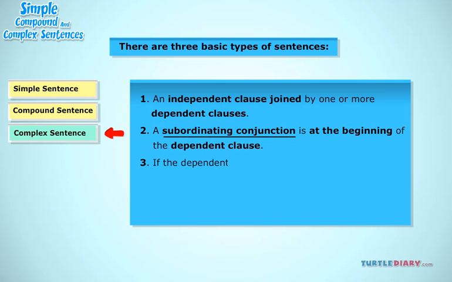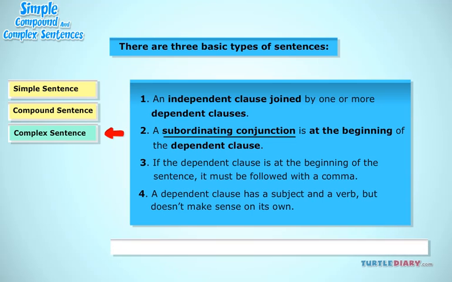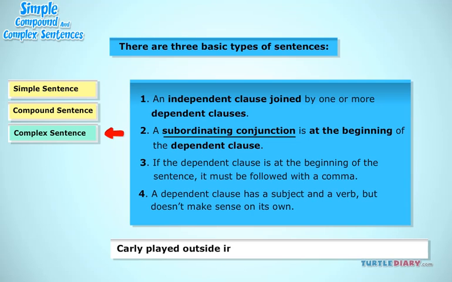If the dependent clause is at the beginning of the sentence, it must be followed with a comma. 4. A dependent clause has a subject and a verb, but doesn't make sense on its own. Example: Carly played outside in the yard until it was too dark to see.